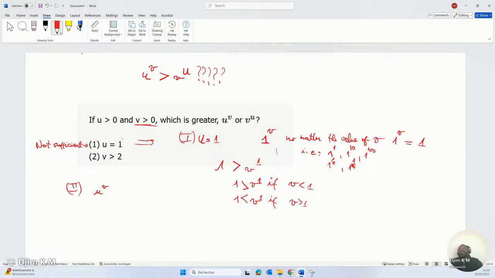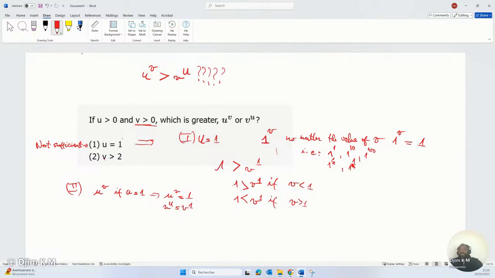Let's take, for example, if u is equal to 1, so u to the power v will be equal to 1, and v to the power u will be v to the power 1.